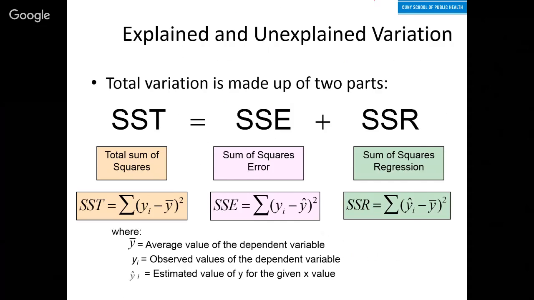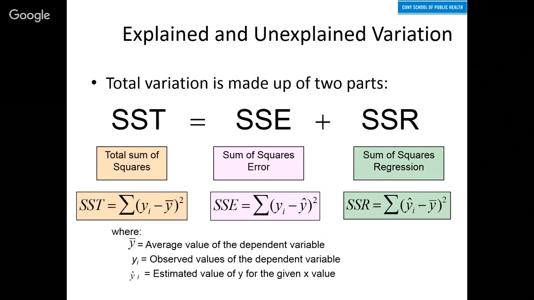Who thinks sum of squares of errors is the amount that's not explained by how much you studied? Okay, see more hands going up. That's right. These are your residuals. These are the test scores minus the predicted test score based on how much you studied. So this is what is not explained by the linear regression. And this part is what is explained.